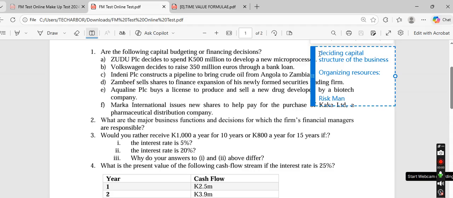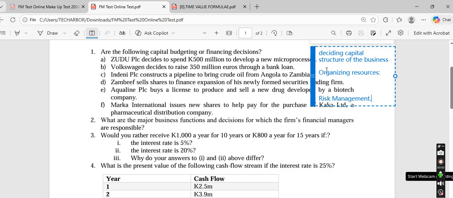If you're an international company, foreign exchange risks. You've also got inflation as a risk, even interest rate risks. Even insurance, you need to insure your company to protect it from other risks that can occur. So, risk management.